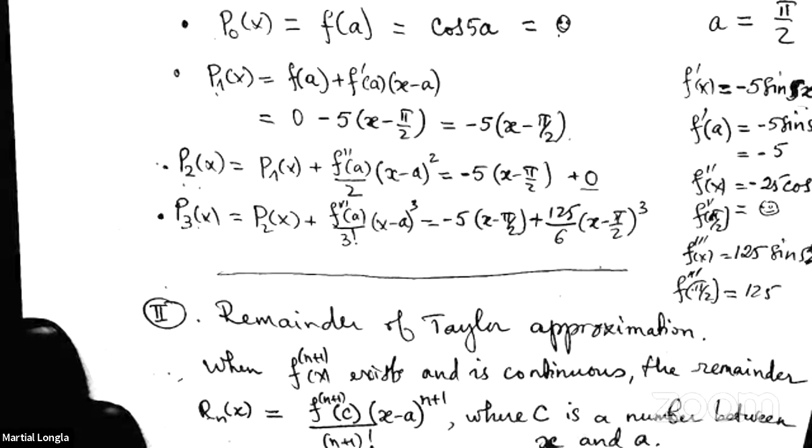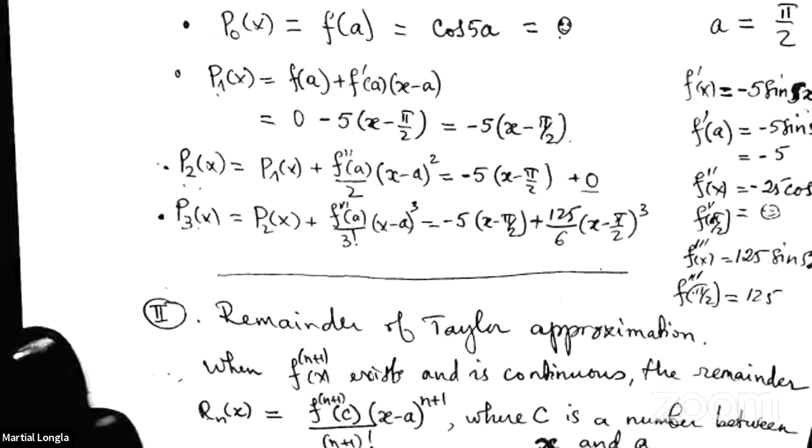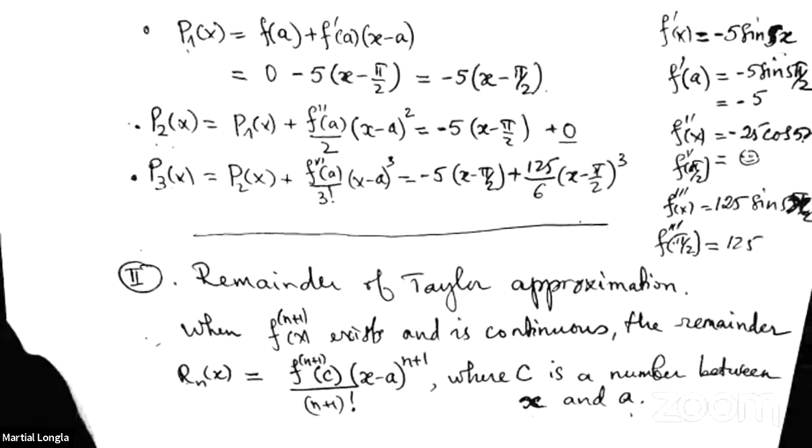And we do say between x and a without putting signs less than or equal because we don't know which of the two numbers x and a is less than the other, right?